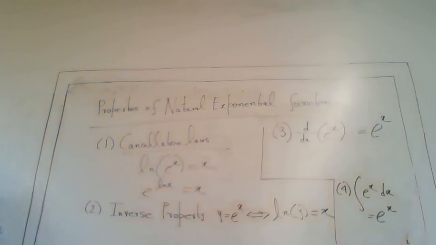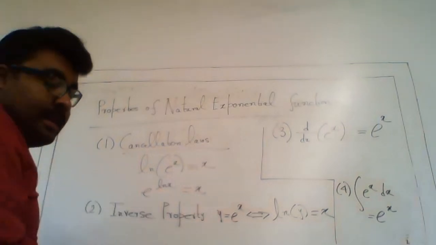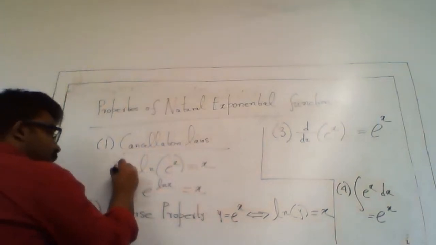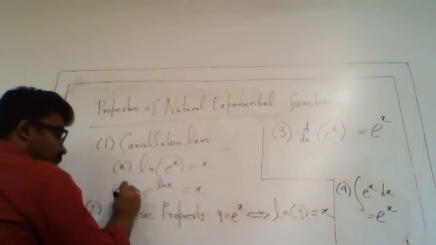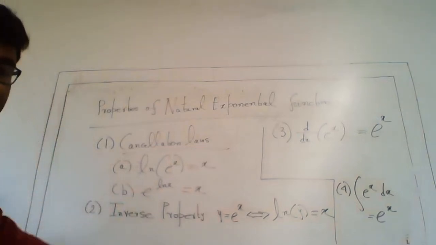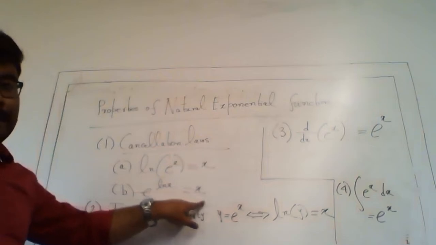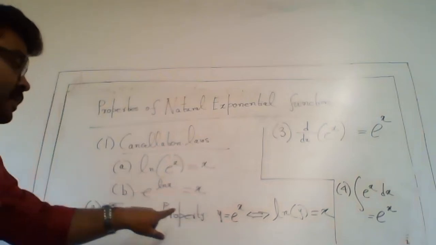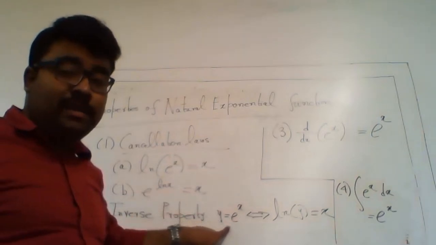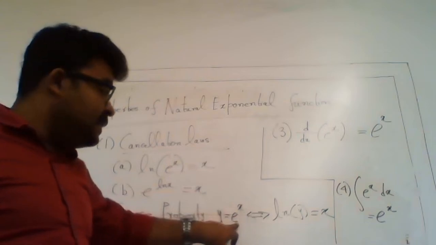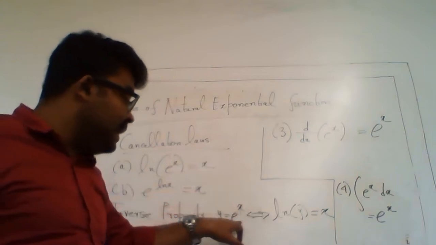Okay, so the first properties are these two cancellation laws. Let me label these A, B. A is ln e to the power x is x, and e to the power ln x is x. Then this is the inverse property. If I have y equal to e to the power x, I can take this e on that side, it becomes ln y equal to x.